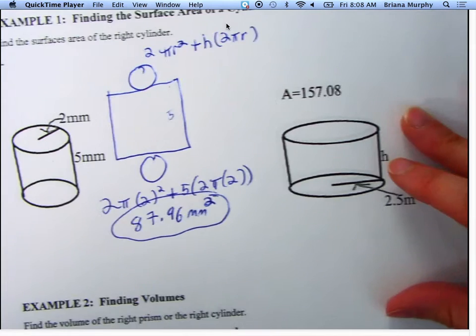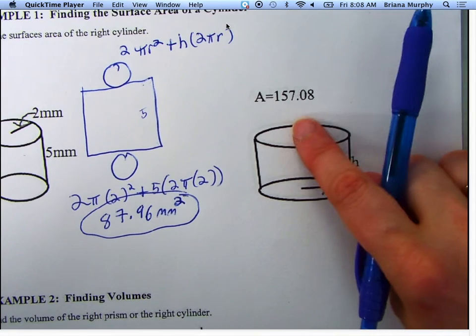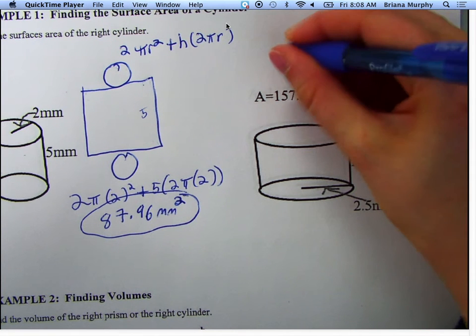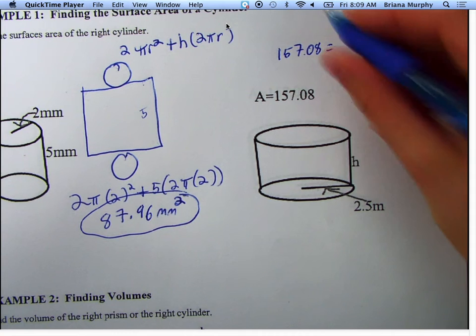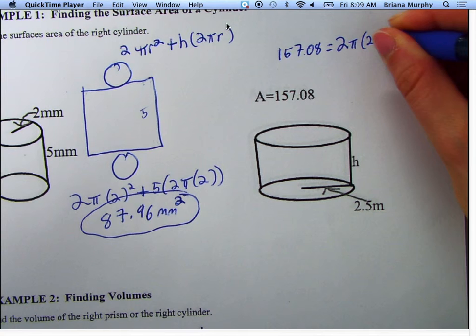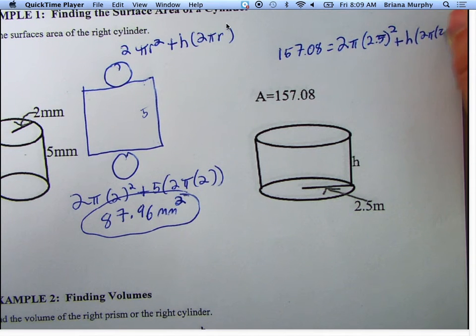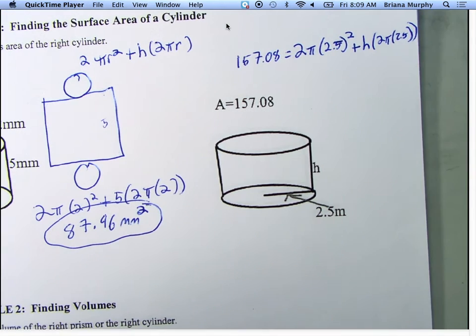All right. Part B over here. We have the area. We want to find the height. So we're just saying 157.08 equals 2 pi, we know what the radius is, 2.5, squared, plus h times 2 pi, 2.5. For this, we've got to work a little bit backwards.